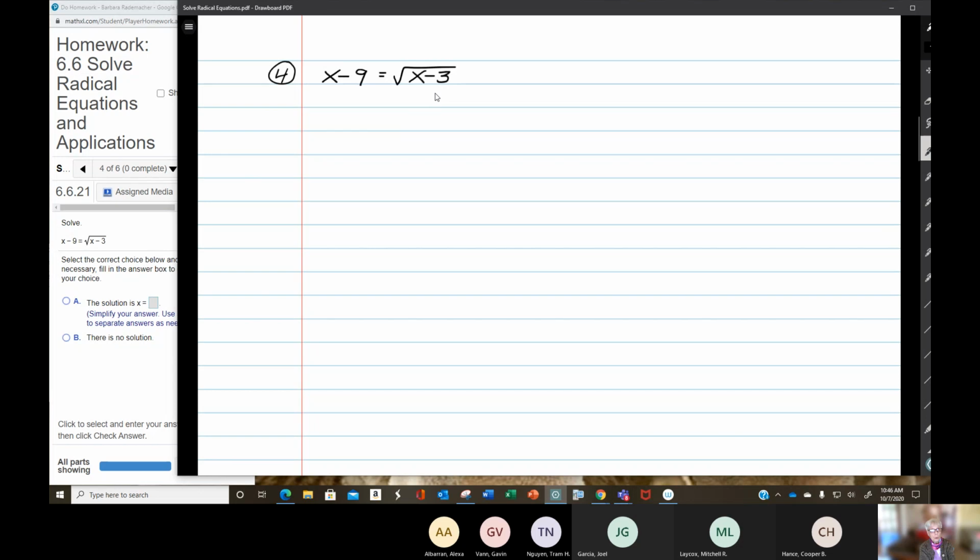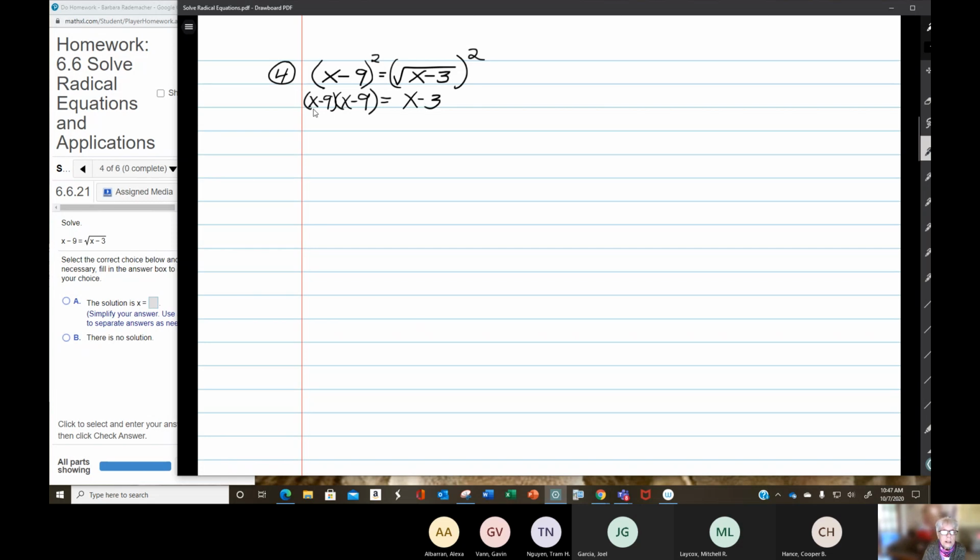Now what I do is square both sides to get that x out. So I'll square the left and I will square the right. Squaring the left side gives me x minus 9 times x minus 9. And that equals, when I square a square root, I get what's underneath. Ta-da!